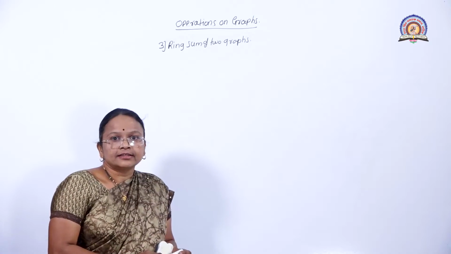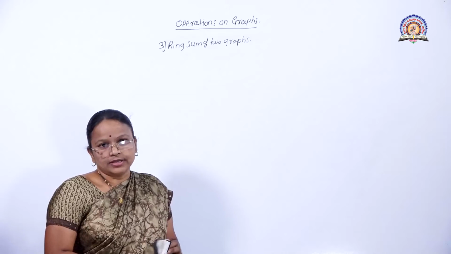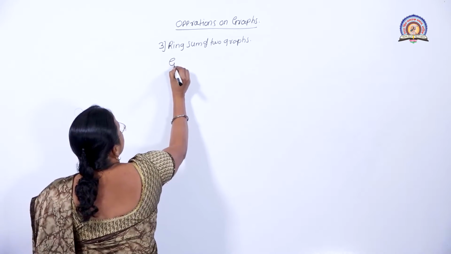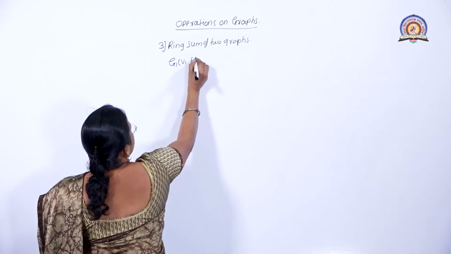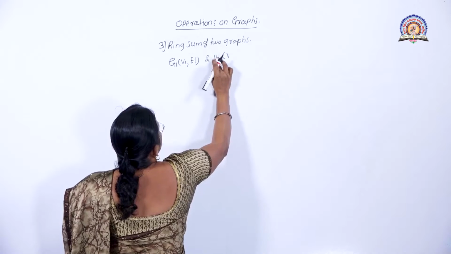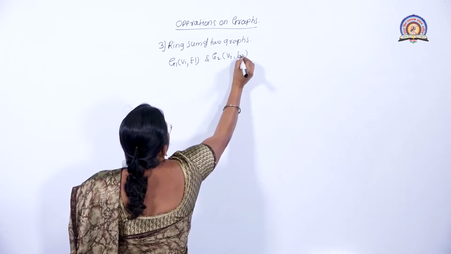Now we consider the third operation on graphs, that is the ring sum of two graphs. Suppose we are given two graphs G1 (V1, E1) and G2 (V2, E2).